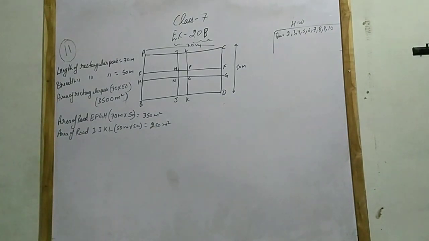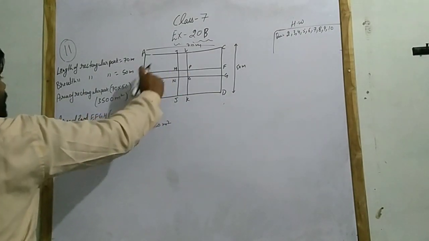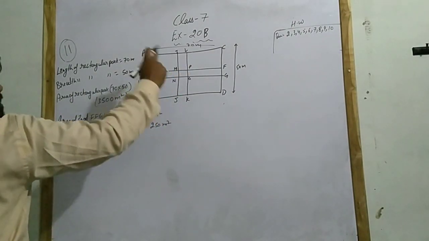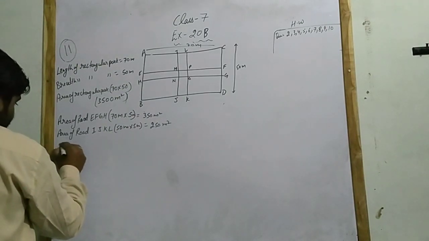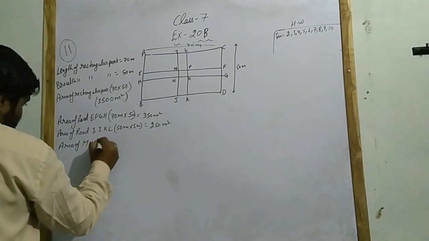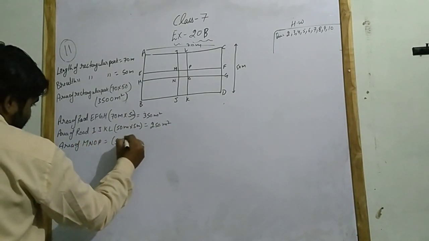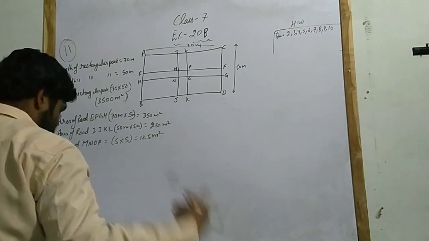Clearly, MNOP will be common to EFGH and IJKL. So area of MNOP will be 5 multiplied by 5, which is 25 meter square.